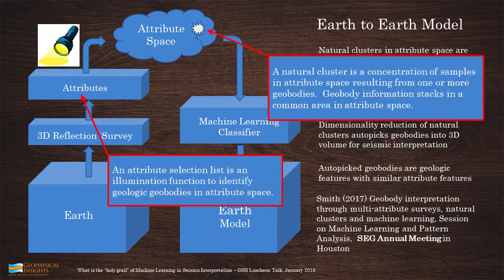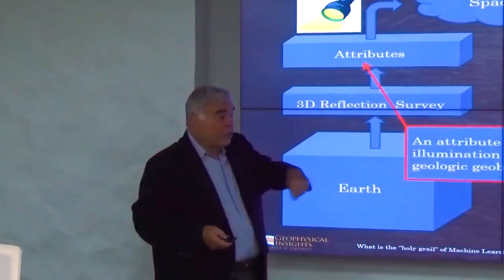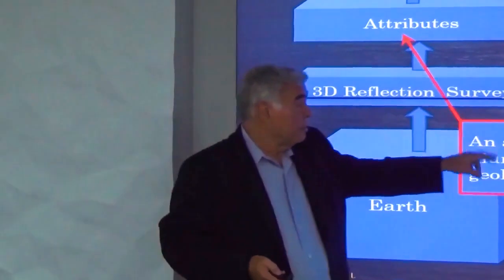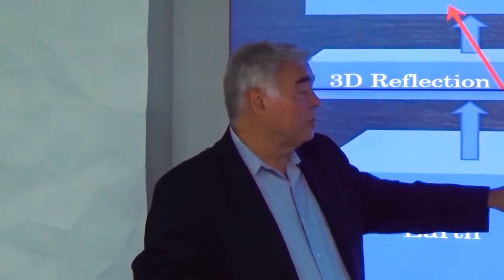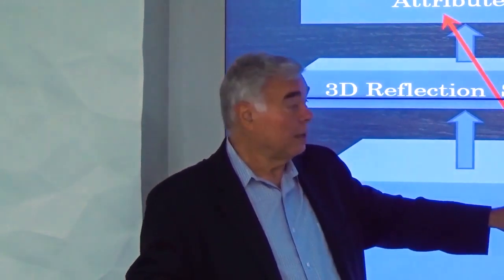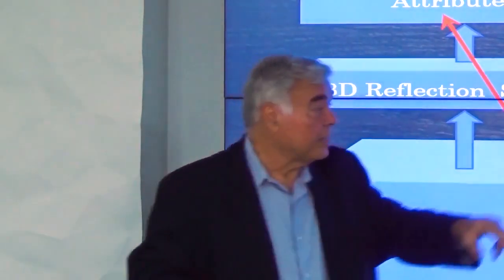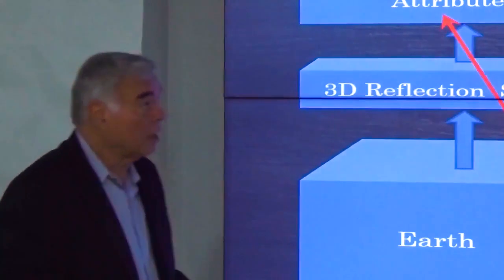So the big picture here is that the attribute selection list is like an illumination function. It's like a flashlight. You're using those attributes as an illumination function to identify geology. That's what we're looking for: geologic geobodies in attribute space. That's what it's all about.